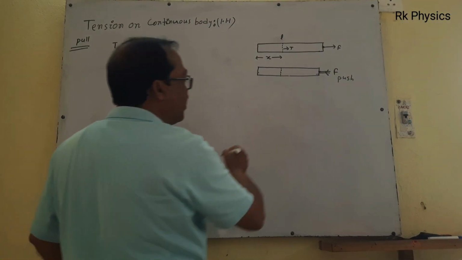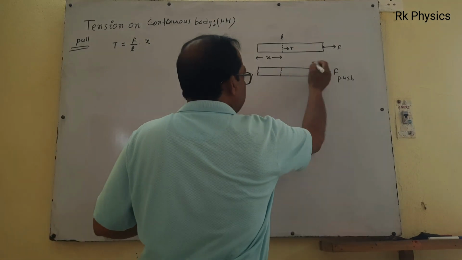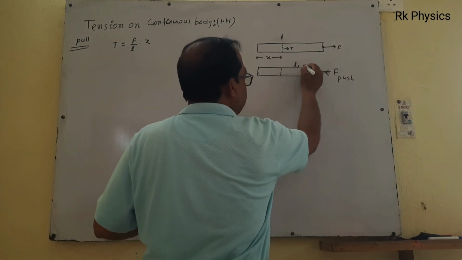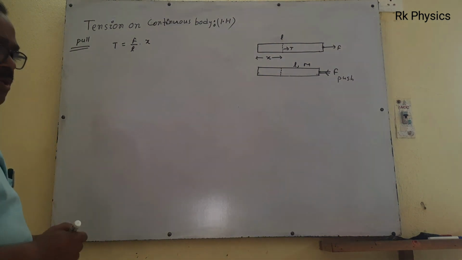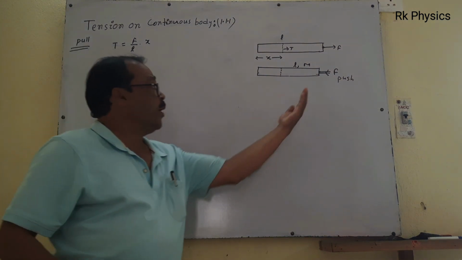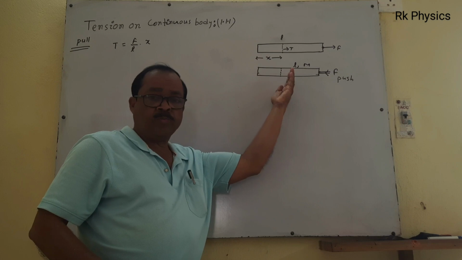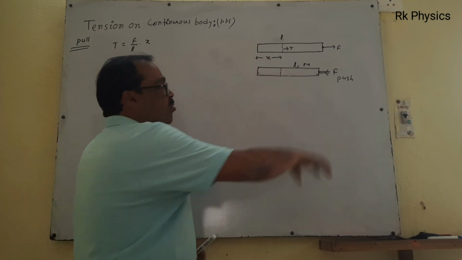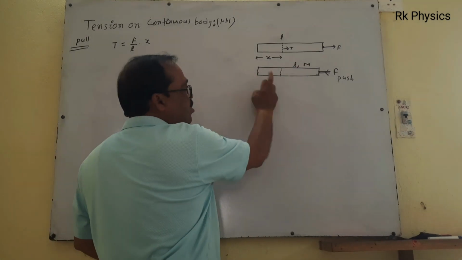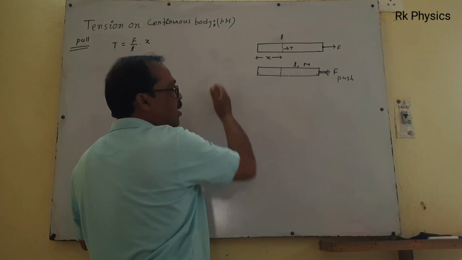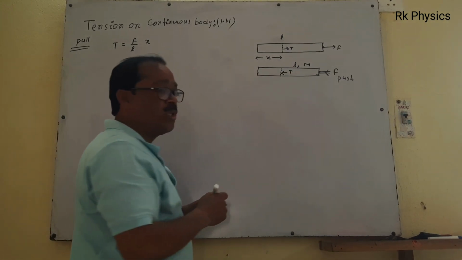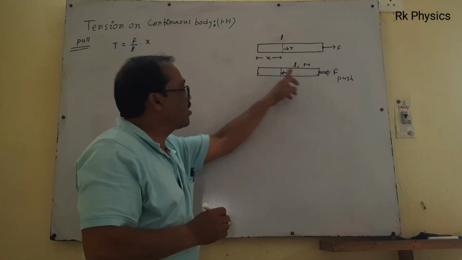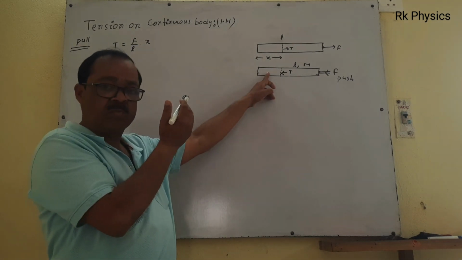Length of the rod is the same L, mass of the rod is the same M. Just imagine, when you push this rod towards right, this section pushes this section towards left. I am giving that T is the force with which the first section pushes the second section.